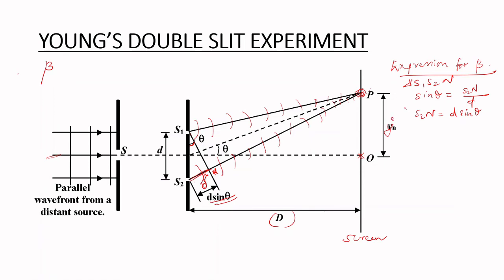The path difference delta is S2N, which is equal to d sine theta. Now we have to find out beta. Beta is the distance between two consecutive bright fringes or dark fringes. So we'll find out the expression for beta.